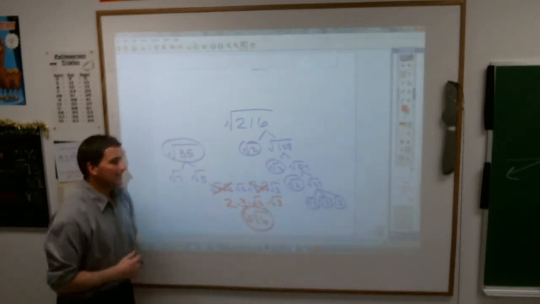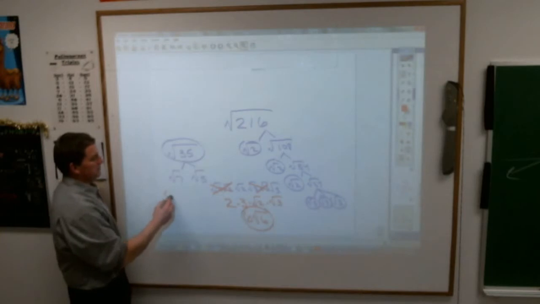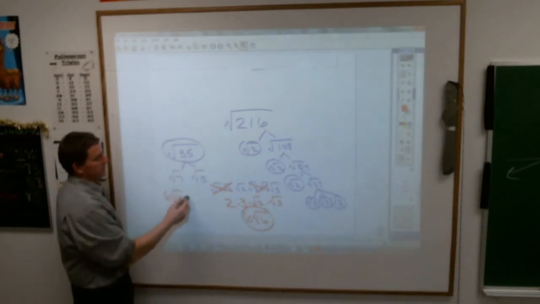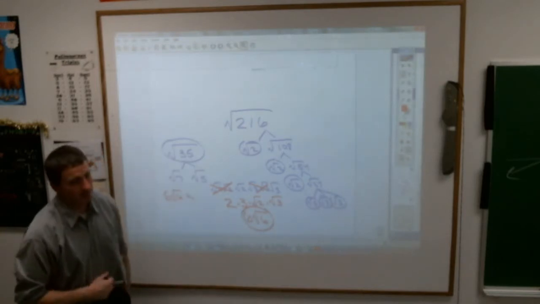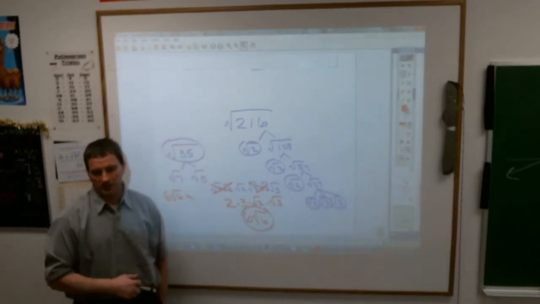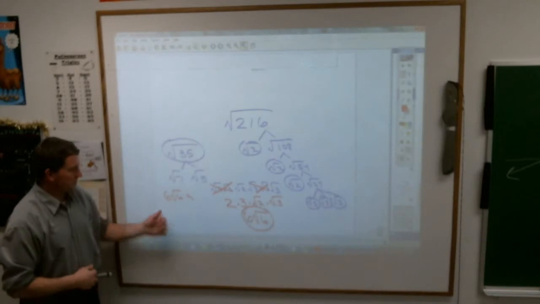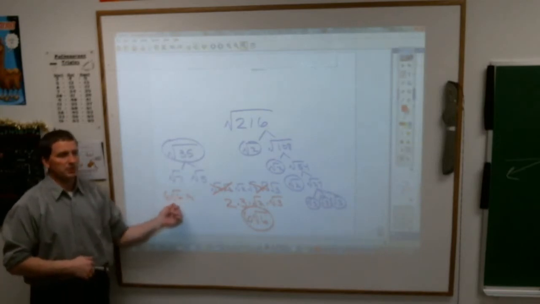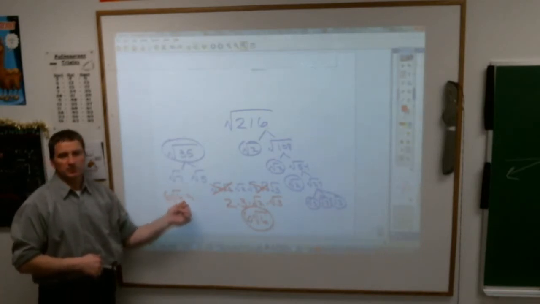Now if I were giving you 6 times the square root of 6, you really should be able to tell me about how much that would be. Any idea what your guesstimation would be? The square root of 6 has to fall between what 2 numbers? Between 2 and 3.